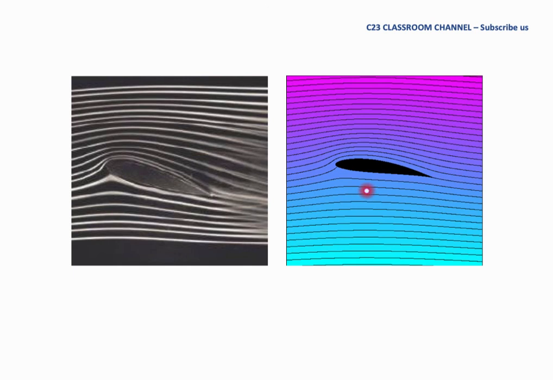We calculate our streamline by using the psi equation that we have in our computers, and we could draw, or we could have, totally the same line compared to the experimental one. So this is the stream function or the streamlines that we calculate in our computers, in our simulation, and this is the streamline that we get from the experimental work.